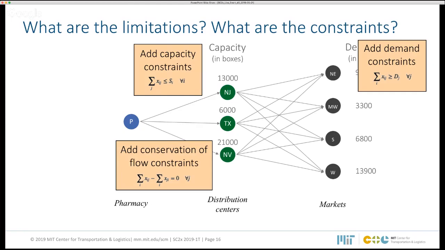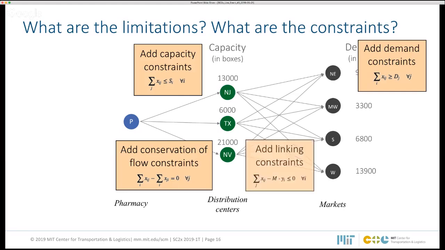So in order to model that the inflow is equal to the outflow, we need to add the conservation of flow constraint. You should add a conservation of flow constraint every time that you have a transshipment facility. For this example, we have 3 distribution centers that act as transshipment points. That's why we need to add 3 conservation of flow constraints, one for each distribution center.